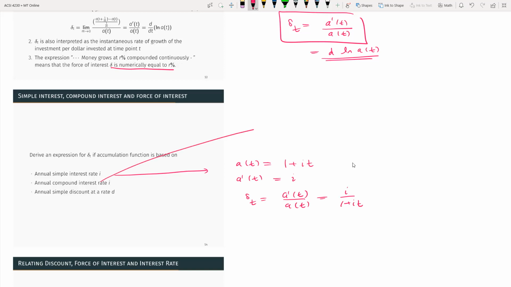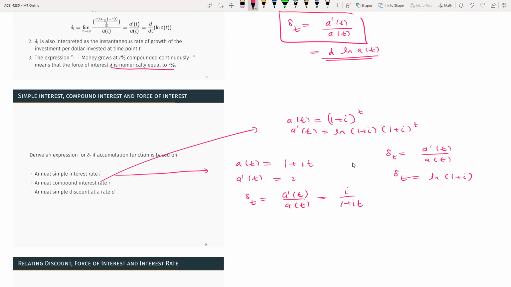If I take the compound interest model, then A(t) is going to be (1+i)^t. A'(t) is then the derivative, so you have to take the derivative of this one: log(1+i) times (1+i)^t. And if you take the quotient, this ends up as log(1+i).